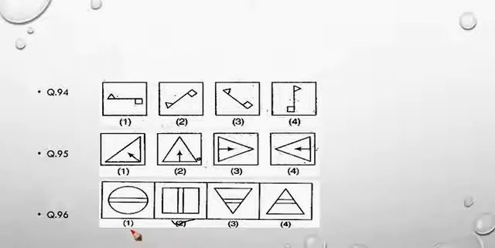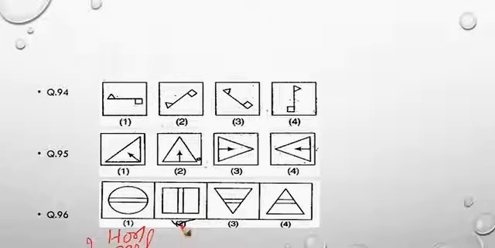In the first problem figure, we find that there is a circular shape and there are two lines in the middle which are parallel to each other and which are horizontal lines. Okay, two lines are there.